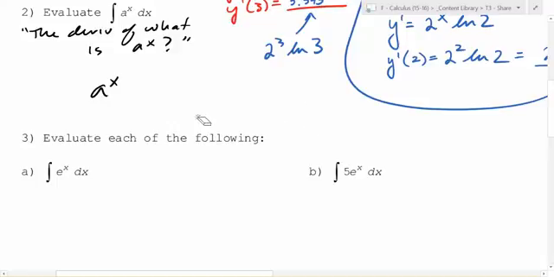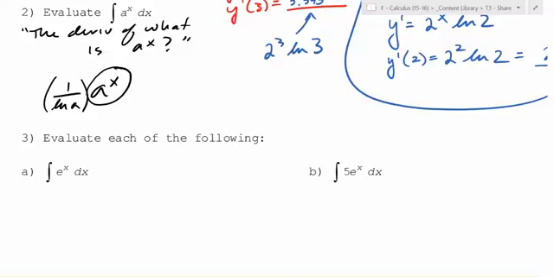So what goes in front of this one? 1 over ln a. What is the derivative of a to the x? A to the x ln a. And what's it going to cancel with? The 1 over ln a that's right there. So the integral is going to be plus c. So the answer to this is that.